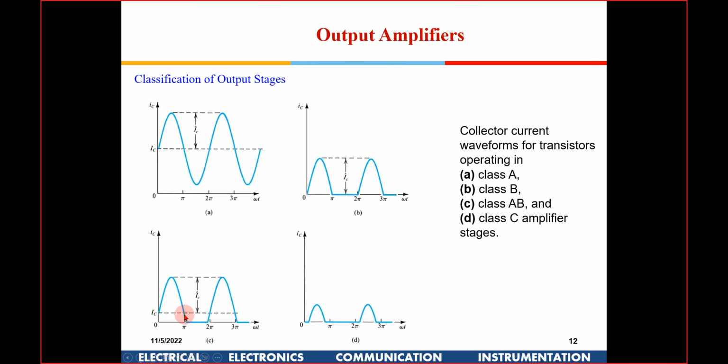So you have slightly more than 180, that is the ideal case. And there is a case, used on very rare occasions, where only a portion of the signal is amplified, where it is conducting for less than 180. Okay, so these are the four classes of amplifiers.